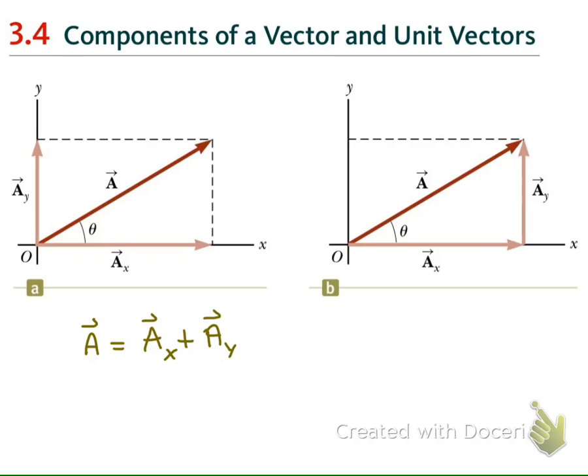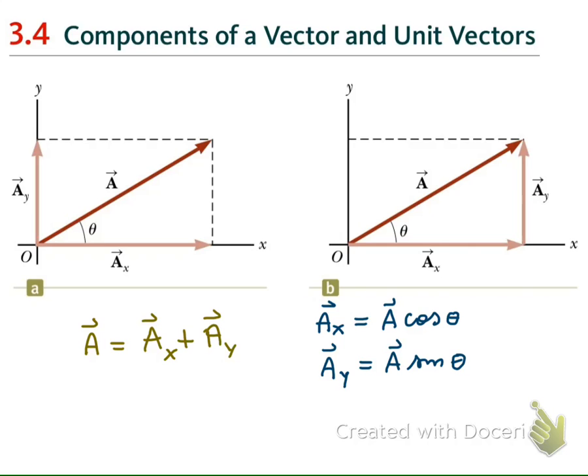From this slide, you can see that it is obvious that AX is equal to A cos theta and AY is equal to A sin theta.